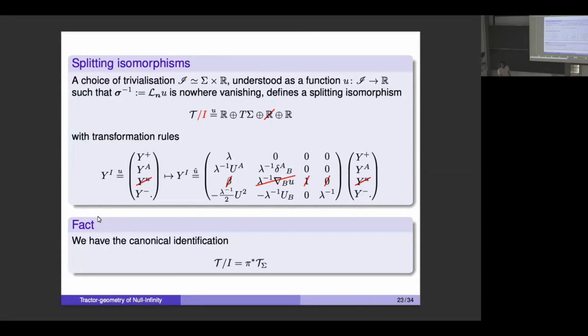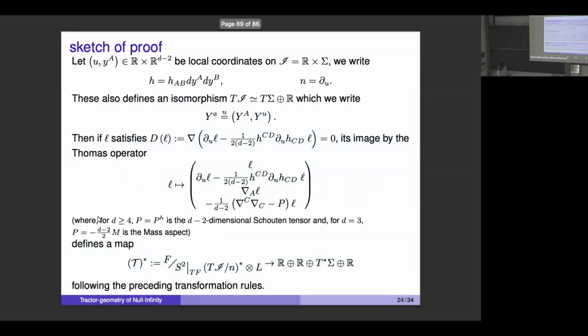So remember that on the base we had a conformal geometry. You can pull back this tractor bundle on the base, and they get canonically identified with this quotient. In some sense, the full null tractor bundle is nearly just taking tractors on the base and pulling them back, but not quite. You have more. I think that's what is interesting, that it is slightly more than this.